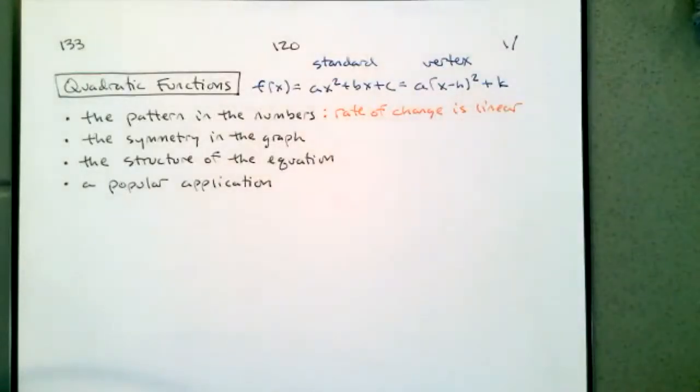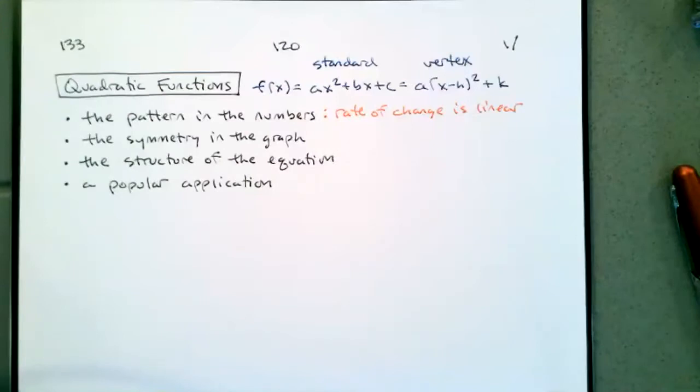So a quadratic function, the pattern that we're looking for is that the rate of change is linear. So that first level of subtraction in a table is not going to be constant. It's going to be linear. So that second row of subtraction, the rate of change of a quadratic function is constant. That's where we get the pattern of addition. So the pattern of addition shows up in the second line, not in the first line.